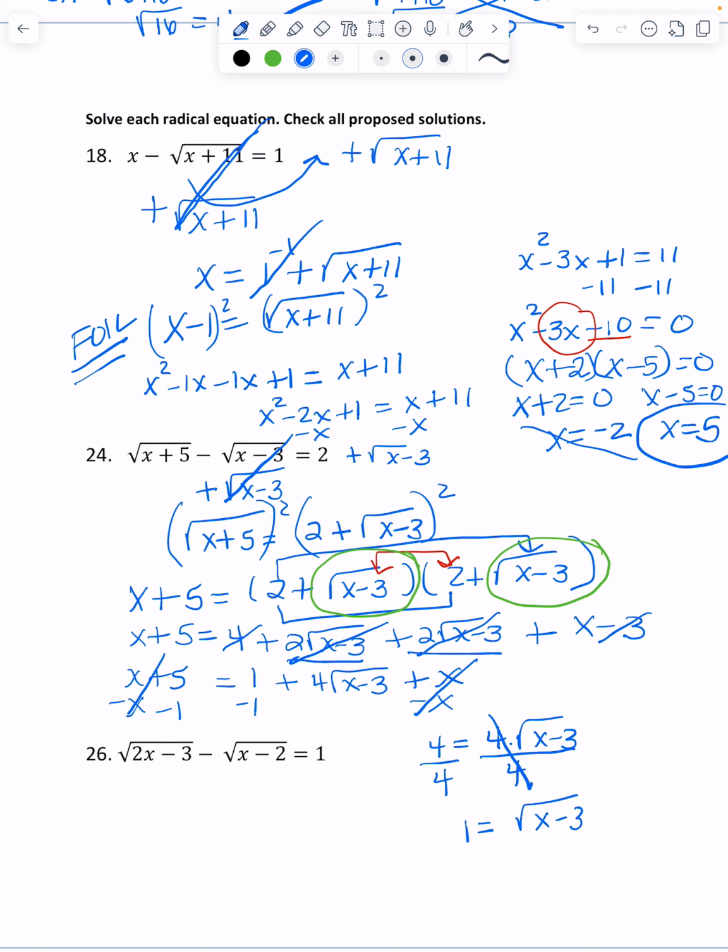I did all that just to get the radical by itself. So now let's square both sides. 1 squared would be 1. When I square the square root of that, I get x minus 3. And when I solve for x, I'm going to add 3 to both sides, and I get x equals 4.